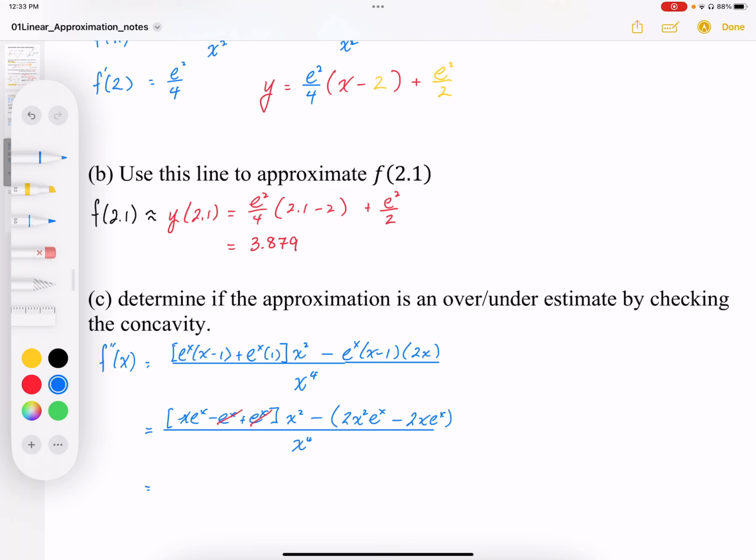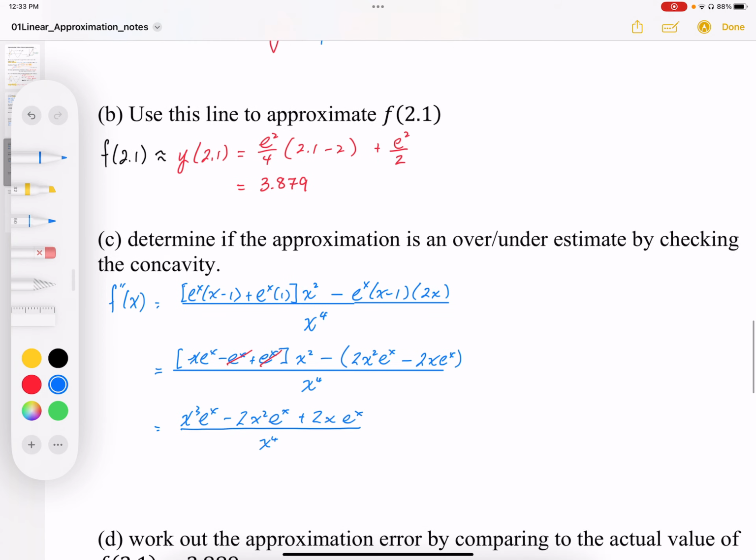So I end up with x cubed e to the x minus 2x squared e to the x plus 2x e to the x. I have a common factor of x and e to the x. Okay, so I'm going to cancel out one of those x's.